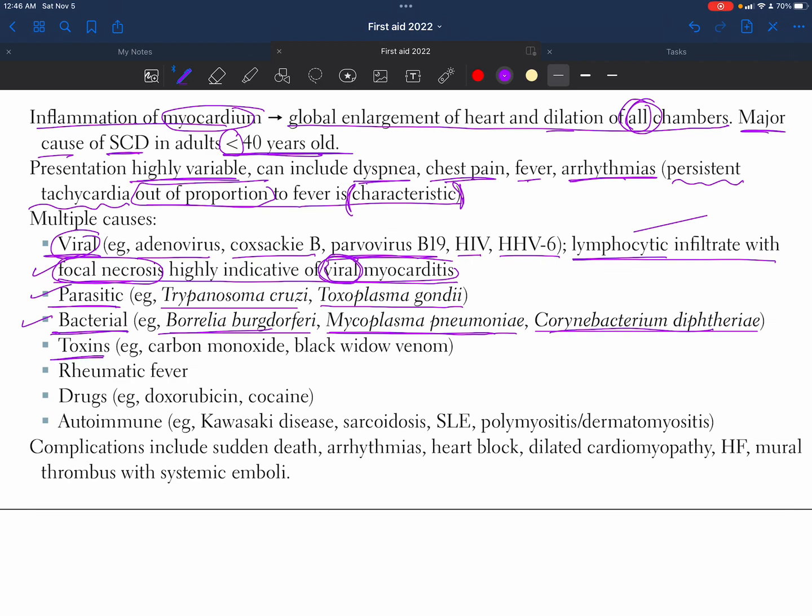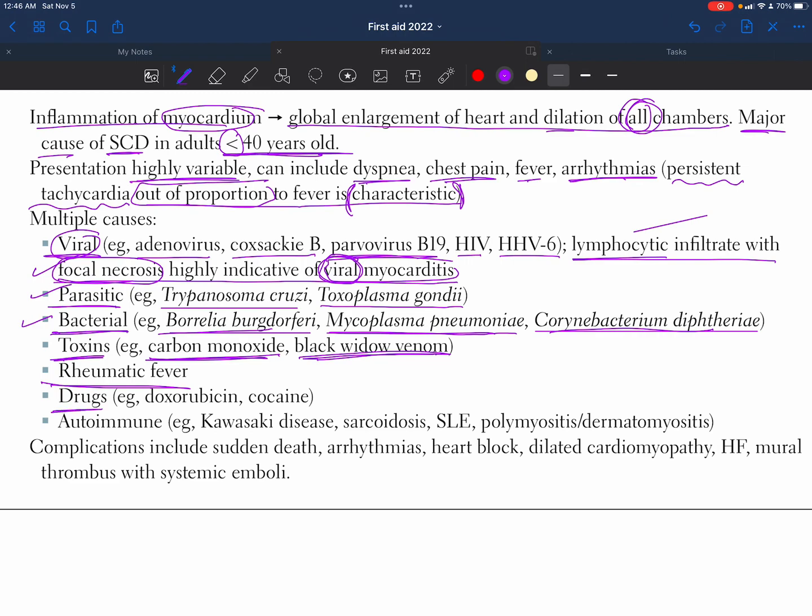And then for the toxins, we have carbon monoxide could be a cause for myocarditis, or the black widow venom, and that is the insect. One of the causes could be rheumatic fever. If a patient has rheumatic fever, then they're also susceptible to developing myocarditis.